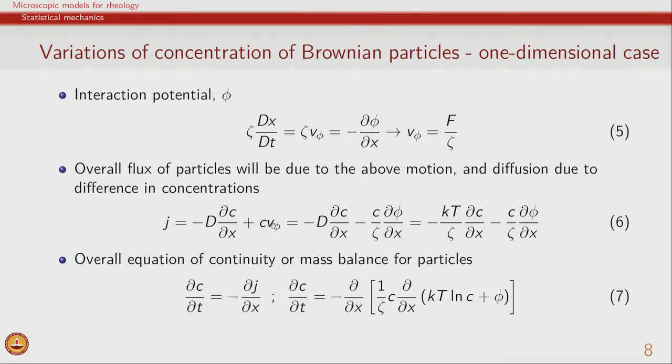And so, we can rewrite the gradient of phi in terms of the force of interaction, and therefore, in terms of the potential of interaction as follows. And at equilibrium, of course, the overall flux will go to 0.